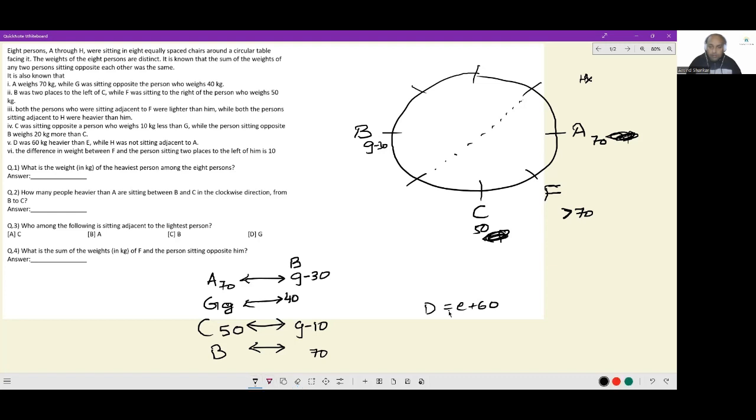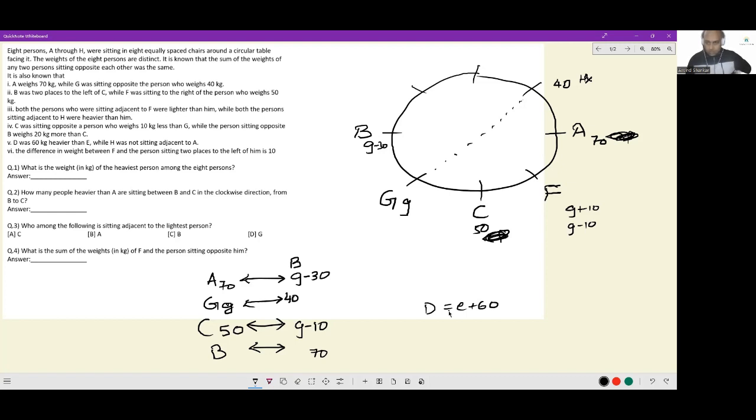Which means the only acceptable case is if I have G here and the 40 kg person here, and we have G minus 30. Now this F's weight can be G plus 10 or G minus 10, because the difference in their weights has to be at least 10.